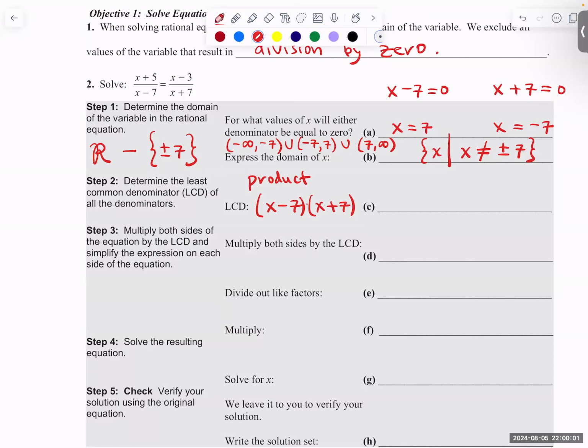Step three, we're going to multiply every term in the equation by this LCD. And let's do that right here.